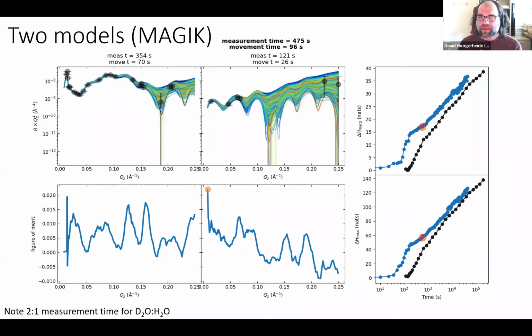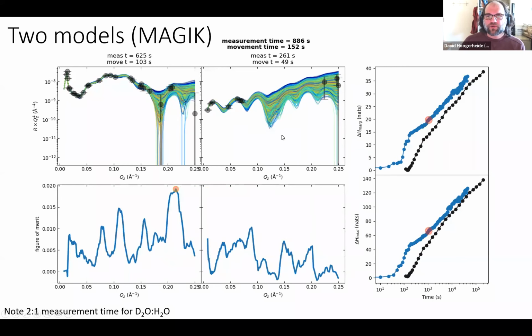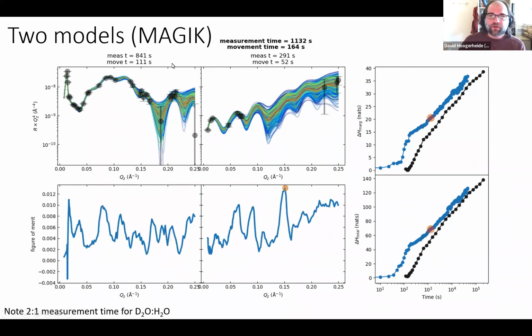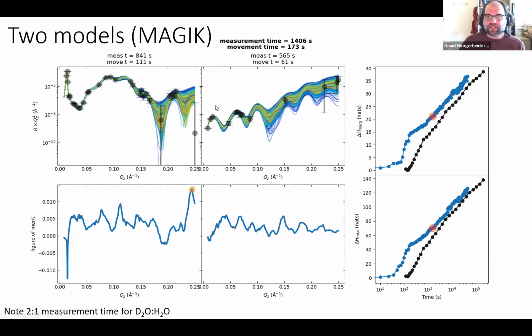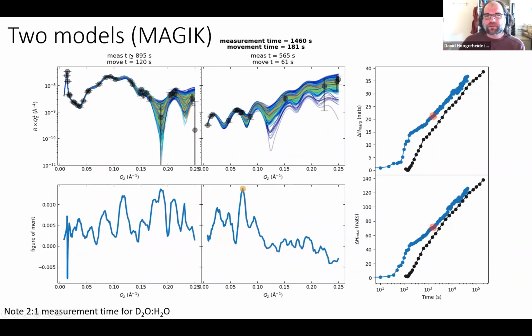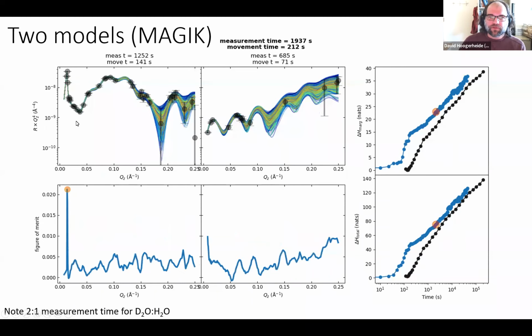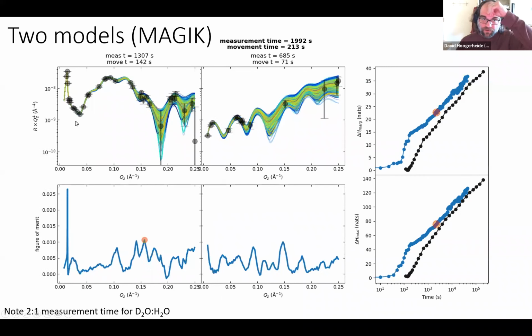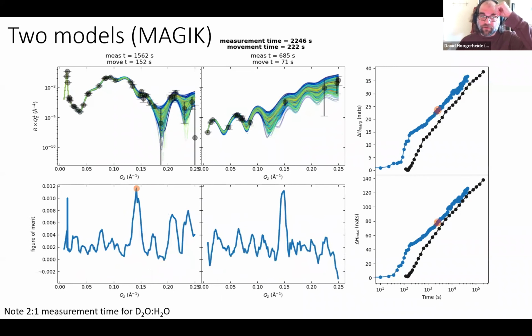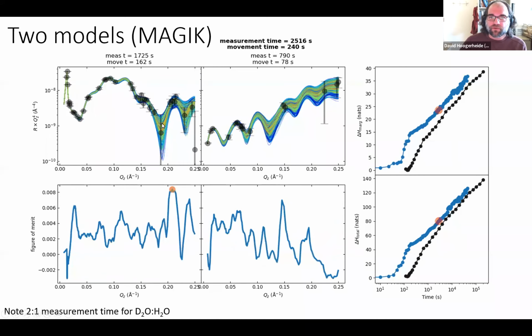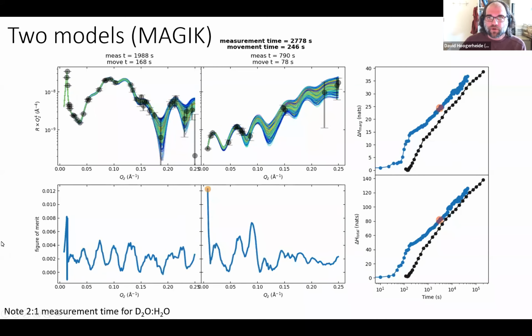But this is informative because it shows that it gets information from both the D2O and the H2O, but you can also look at how long it spends on each one of these models, and it actually spends about twice as much time in the D2O model as it does in the H2O model. And if you look at some of Frank's work previously on experiment optimization, he finds that this is actually a pretty reasonable ratio for most of these types of samples as well.